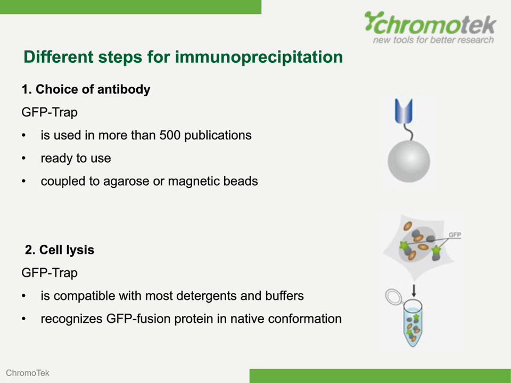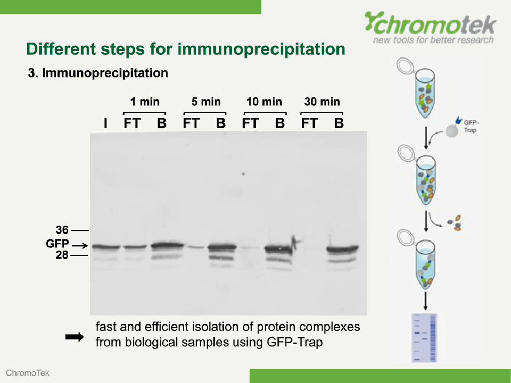In the following experiment, GFP was immunoprecipitated from cell lysate using the GFP-trap. And the pull-down efficiency was checked after 1 minute, 5 minutes, 10 minutes, and 30 minutes by Western blot, loading the input, the flow-through, and the bound fraction.